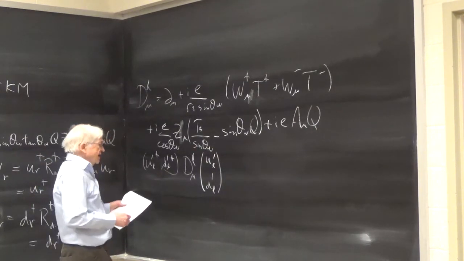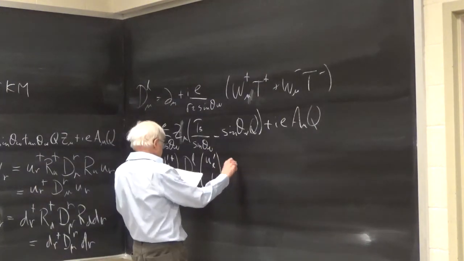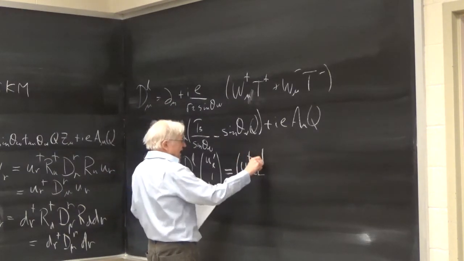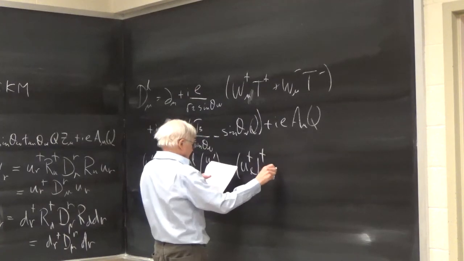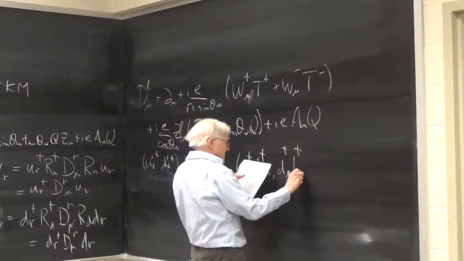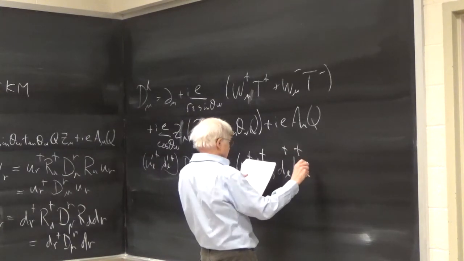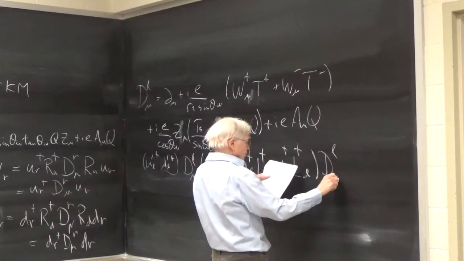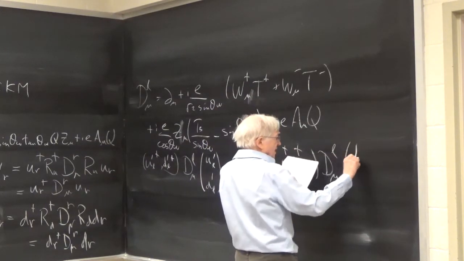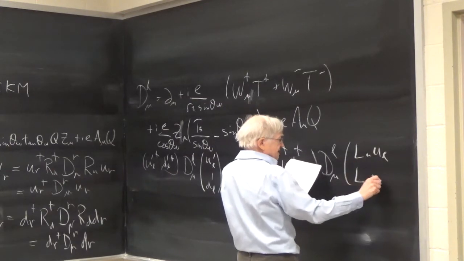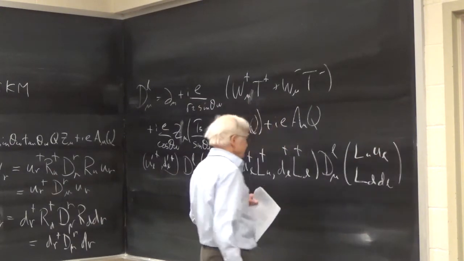And we can rewrite this in terms of mass eigenstates by saying that, well, it's U dagger left L_U dagger, D dagger left L_D dagger, times D left mu, L_U U left, L_D D left.